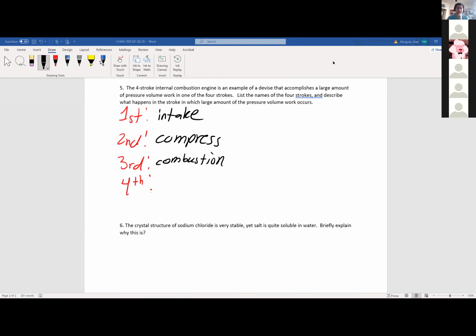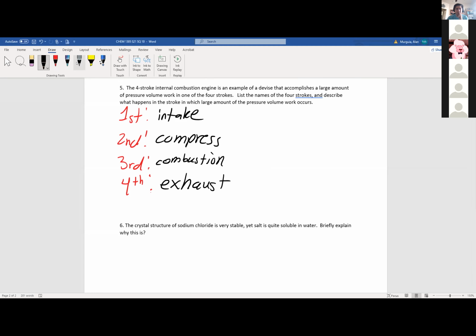Exhaust. Yeah, exactly. We release that air. So we exhaust the air that's left from the reaction. So we exhaust it out. Perfect. So you intake the air, you compress it until it combusts, and then it exhausts your products out.